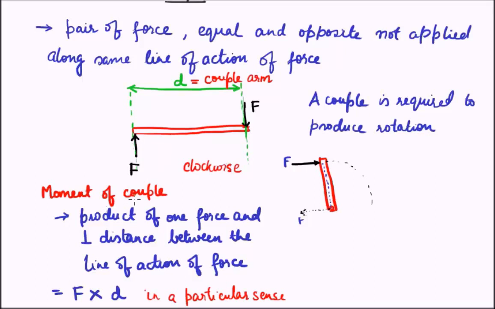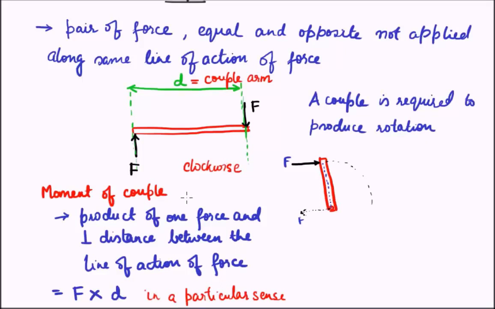Therefore, the moment of a couple can also be defined as the product of one of the forces, either force, and the couple arm. Don't get confused by hearing the term couple arm.